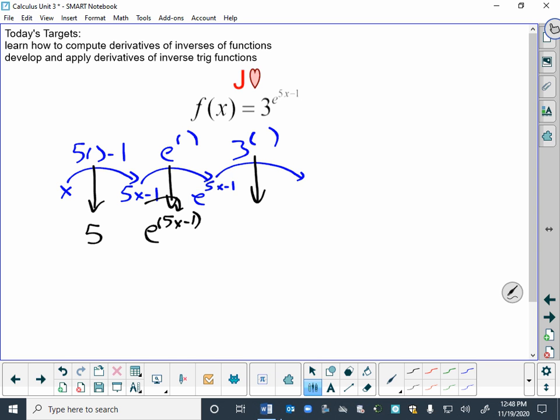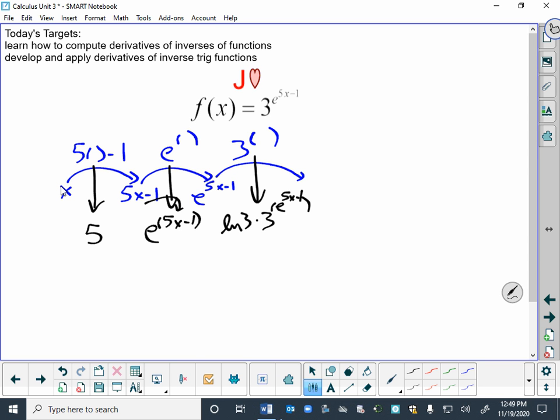And the derivative of 3 to the power, we figured out, was natural log e times 3 to the power, and that power is e to the 5x minus 1. So again, the derivative of an exponential will always have that exponential in there.